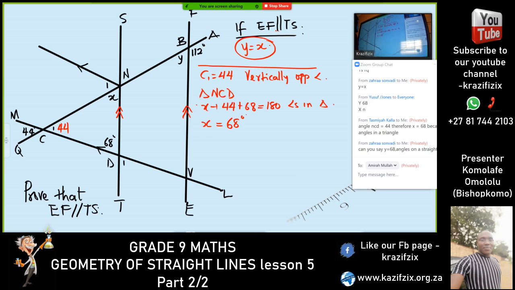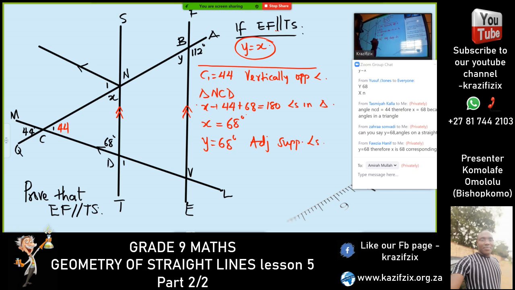All right, good. Now I'm going to copy what Zara has said. But Zara, I don't want us to use angles on a straight line. Adjacent supplementary angles. So y equals 68 degrees, adjacent supplementary angles. Good.